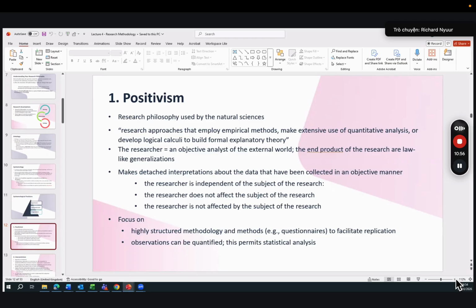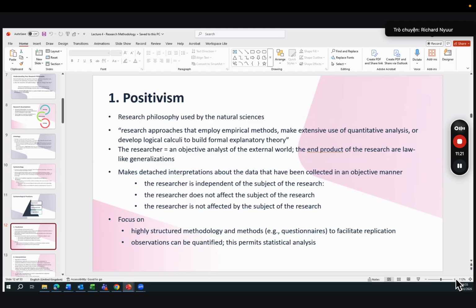So the researcher will set objectives, an objective analysis of the situation using quantitative data, which will help them. Once they've tested and come up with their findings, maybe the impact, and they confirm something, then with that, they can generalize.